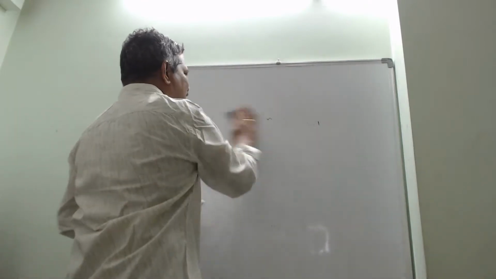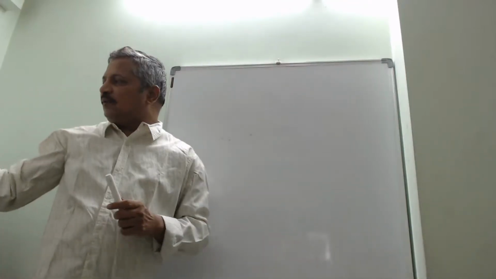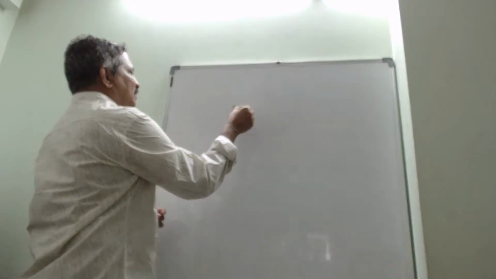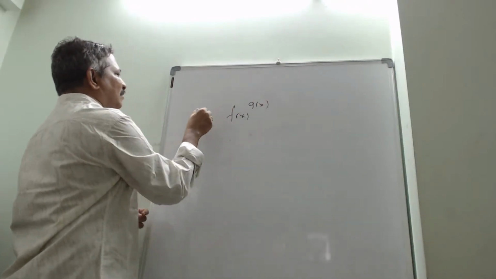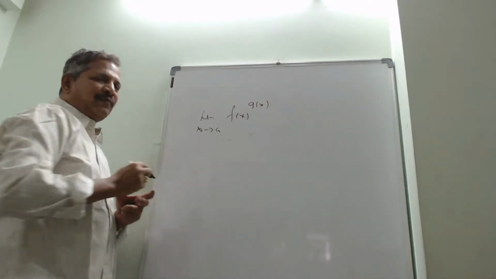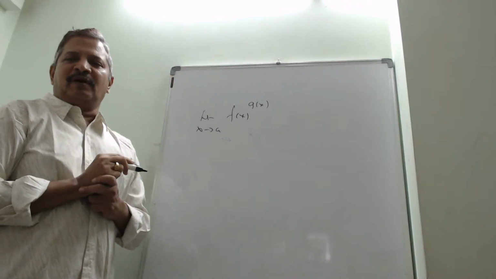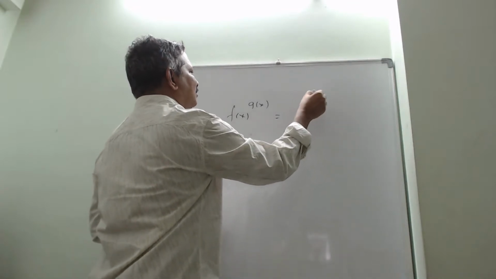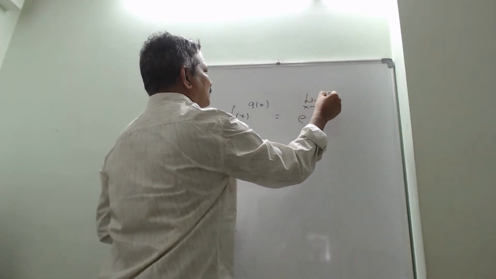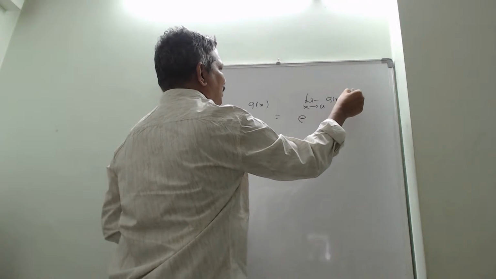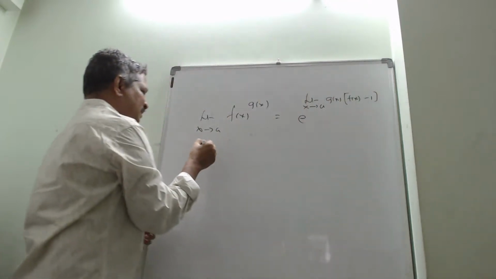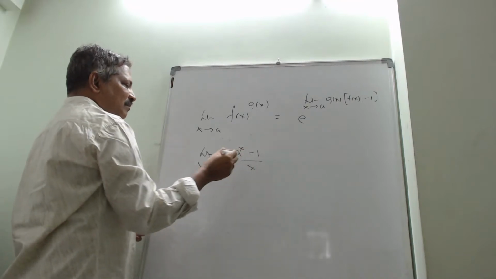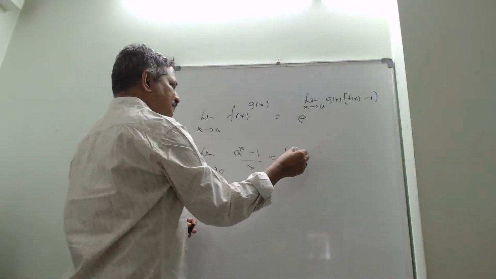Now coming to the next point: if f of x and g of x are different functions, then limit x tends to a, f of x power g of x, we can write as e power limit x tends to a, g of x into (f of x minus 1). Next, limit x tends to 0, (a power x minus 1) by x is log a.